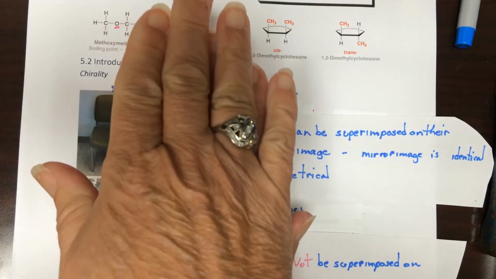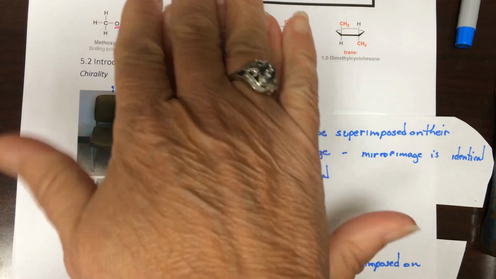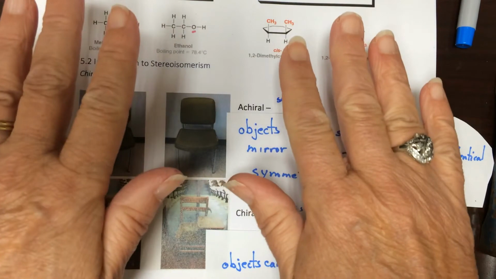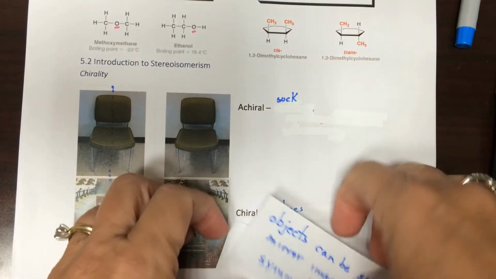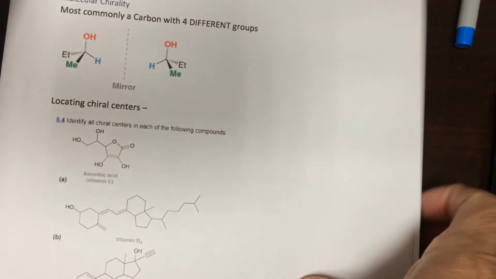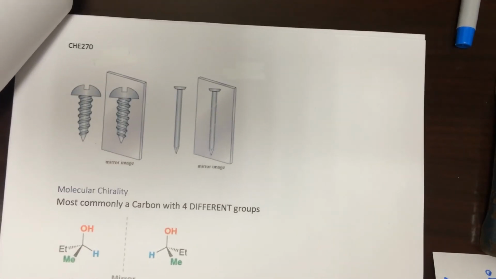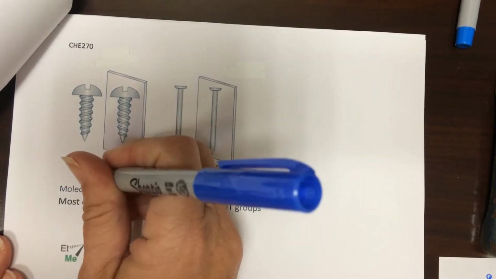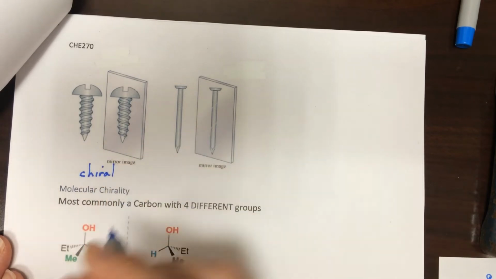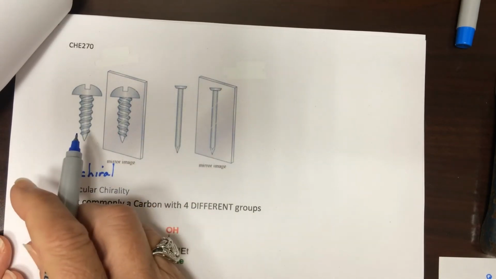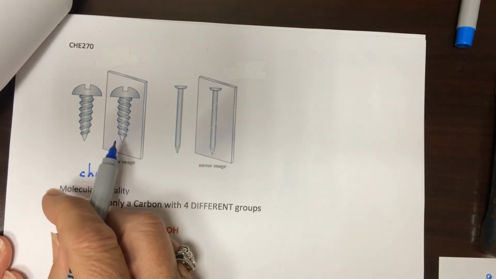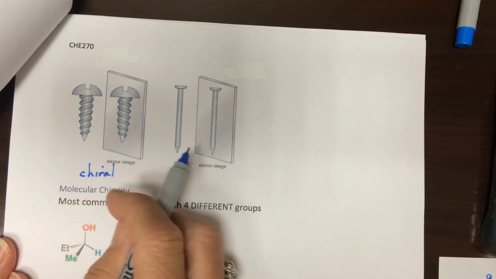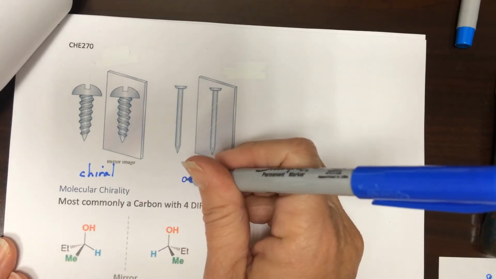If I put them on top of each other, I have thumbs on the wrong side. So that makes my hands chiral. Screws are going to be chiral. If we have a mirror image of a screw, a left-handed screw would not be the same as a right-handed screw. So that makes them chiral. But a nail is achiral.